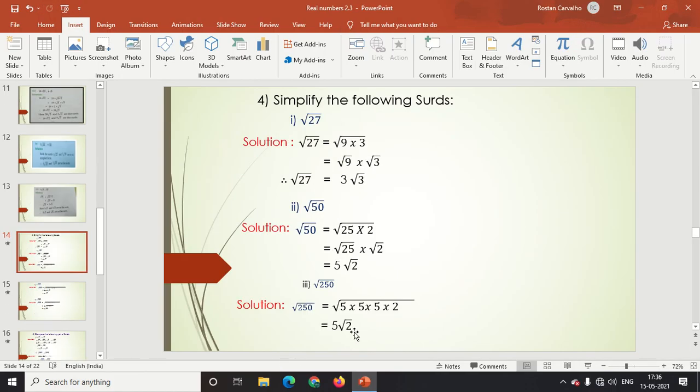Just a minute. It cannot be 5 root 2. It's 5 root 10. See, there are 2 5s here, 5 into 5. 3 5s total. So 1 5 has gone out. So that has to be 5 root 10.